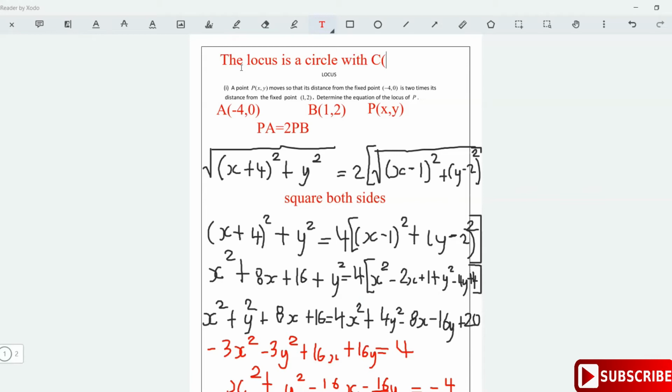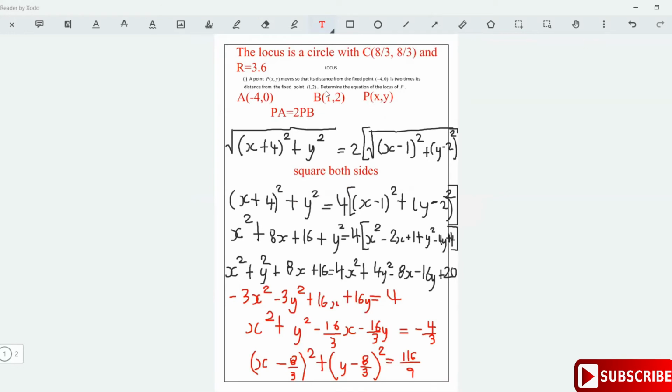The center was 8 over 3, comma 8 over 3, and the radius equal to the square root of 116 over 9. So what was that? The square root of 116 over 9 is about 3.6, and radius 3.6. So that is the locus of this question right here.